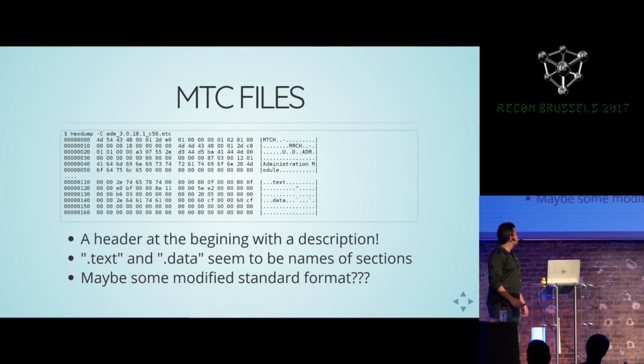If you use hexdump, you can see over here there's something that seems like a magic string, maybe an MTC header. There's also a description. And later on, you can see two strings, .text and .data, that seem to be names of sections. So maybe it's a modified standard format, and that's why Binwalk couldn't find out what it is.